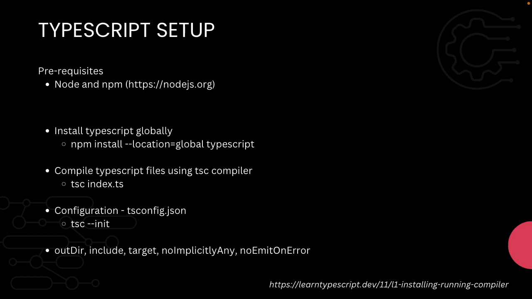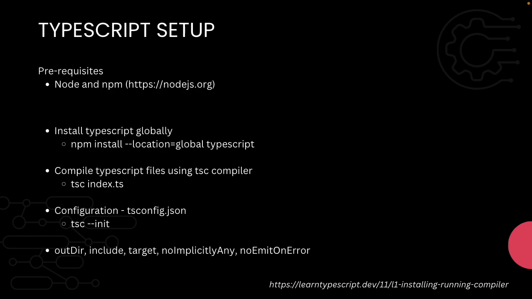As I mentioned before, the TypeScript compiler compiles your TypeScript file to JavaScript, but it generates that JavaScript file in the same location as your TypeScript file. If you don't want that and want it in a certain place, the most usual places are build, out, or dist, which is for distribution, you can mention that in outDir.